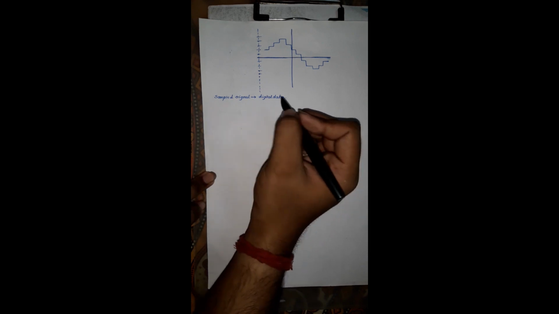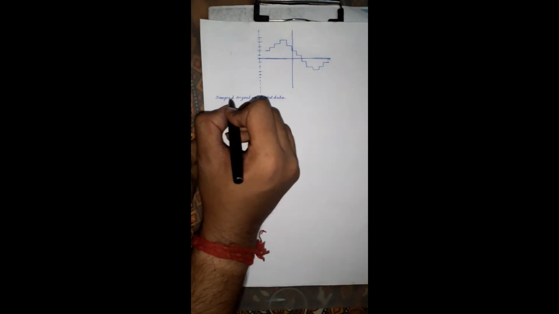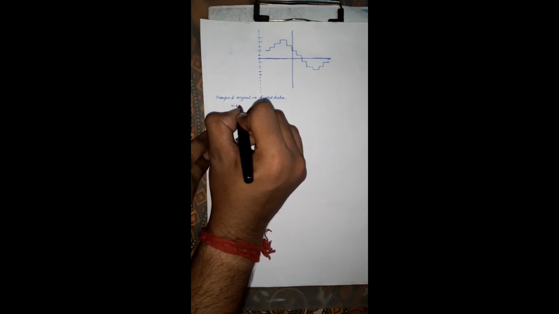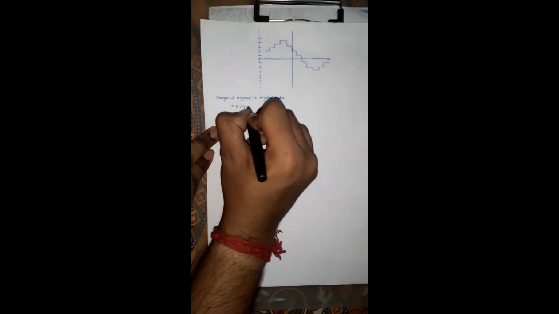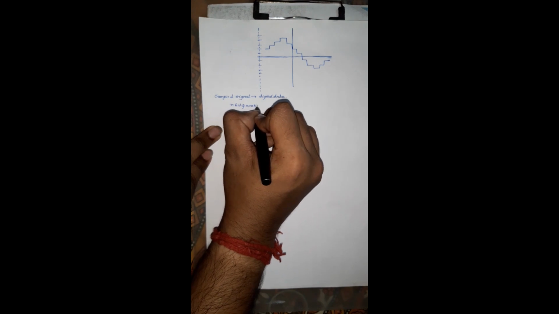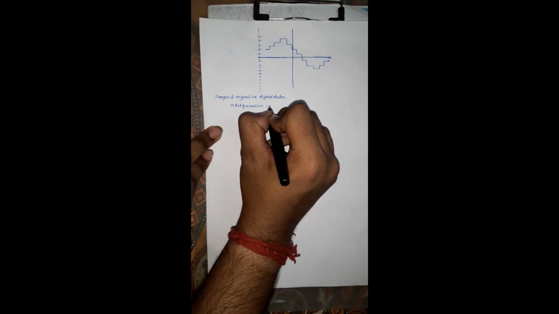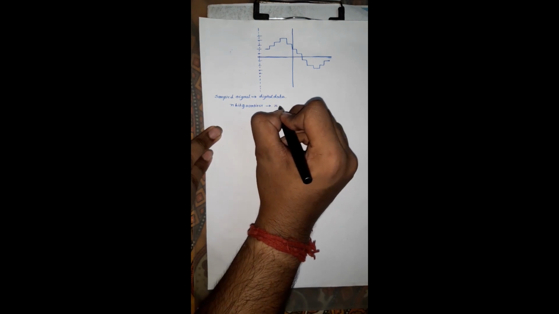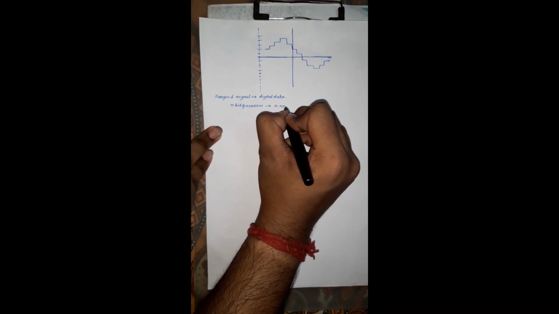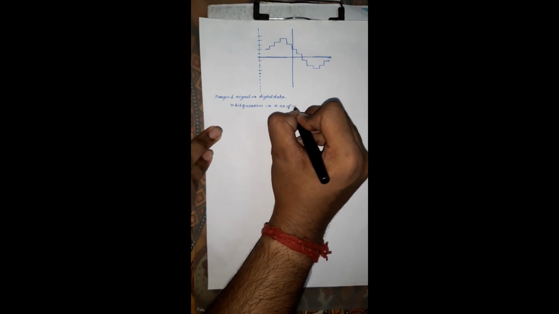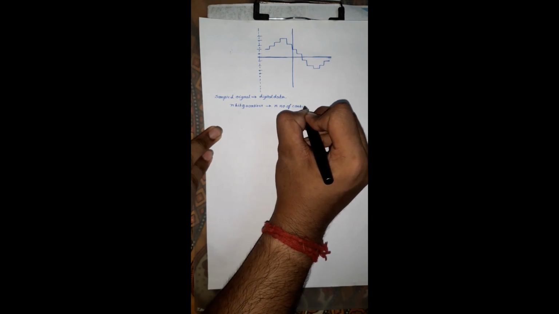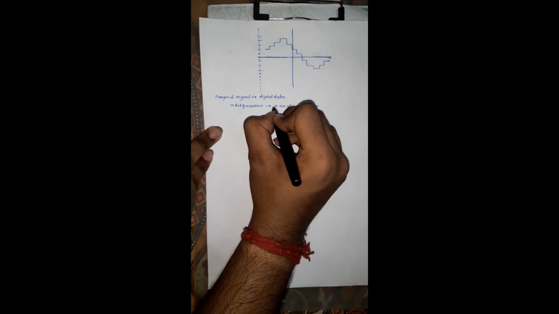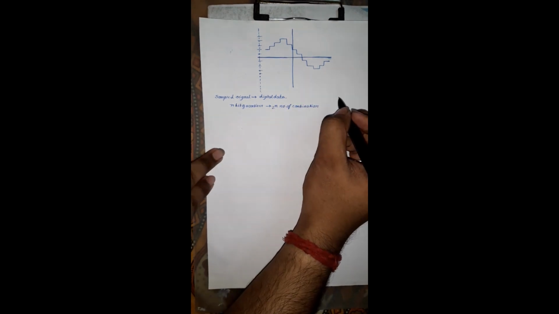Now the quantizer can have any number of bits. An n-bit quantizer can generate 2 to the power n combinations.